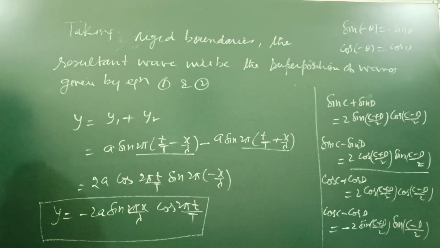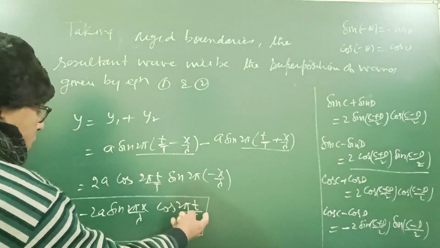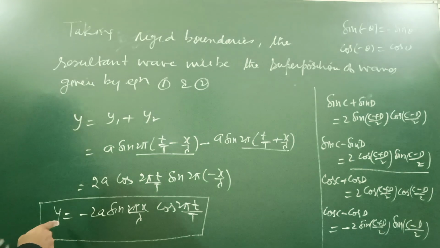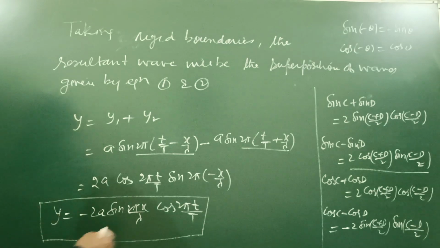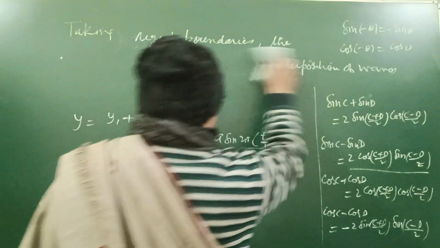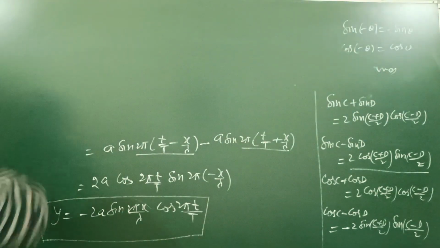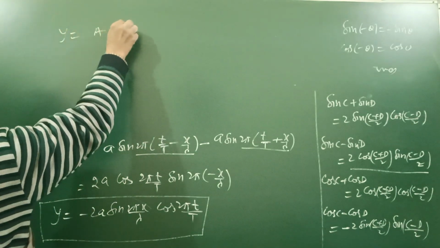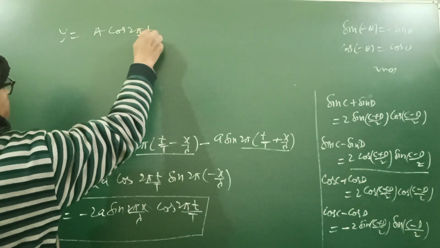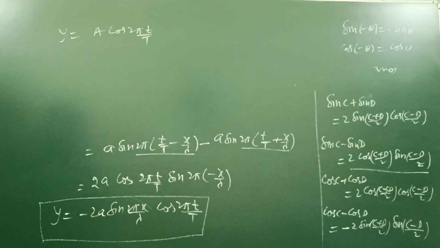y is equal to minus 2a sine 2 pi x upon lambda times cos 2 pi t upon T. This is the time function, and this is the distance function in x. The value of y varies with distance and gets maximum and minimum, so this is called the amplitude. Or we can write this equation as y is equal to A cos 2 pi t upon T. Here the minus sign can be omitted.